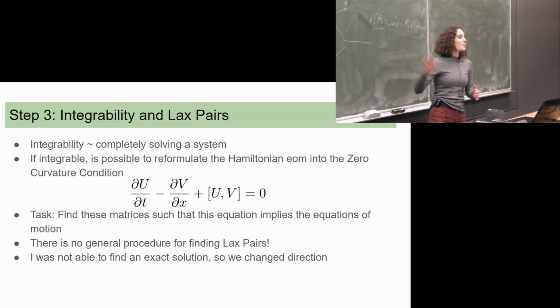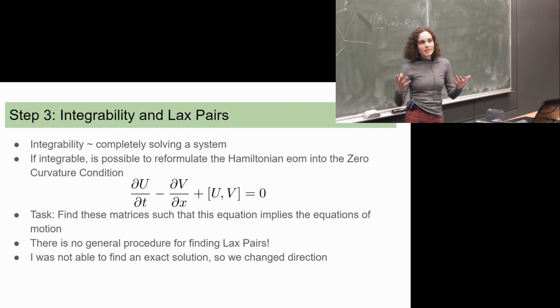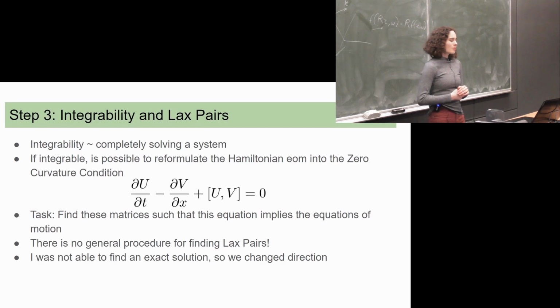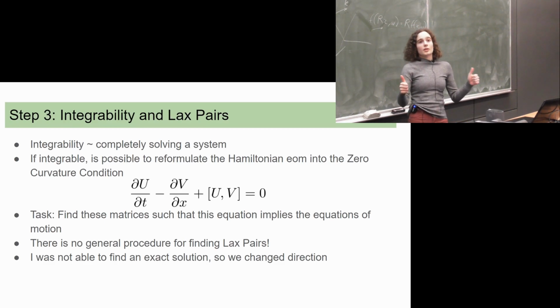So its statement is a lot more precise when we're talking about things like coordinates and just mechanics rather than field theory. But the idea is, if I can find matrices that satisfy this relation and give me the equations of motion, great.